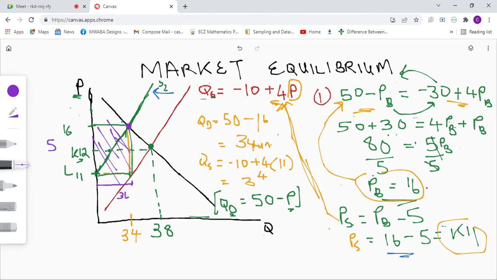So we're going to say the tax revenue earned by the government, TR, equals P times Q. In this case, this P represents the tax, and the tax is 5 kwacha. This Q represents the 34 which we calculated here and here. So it's 5 times 34.